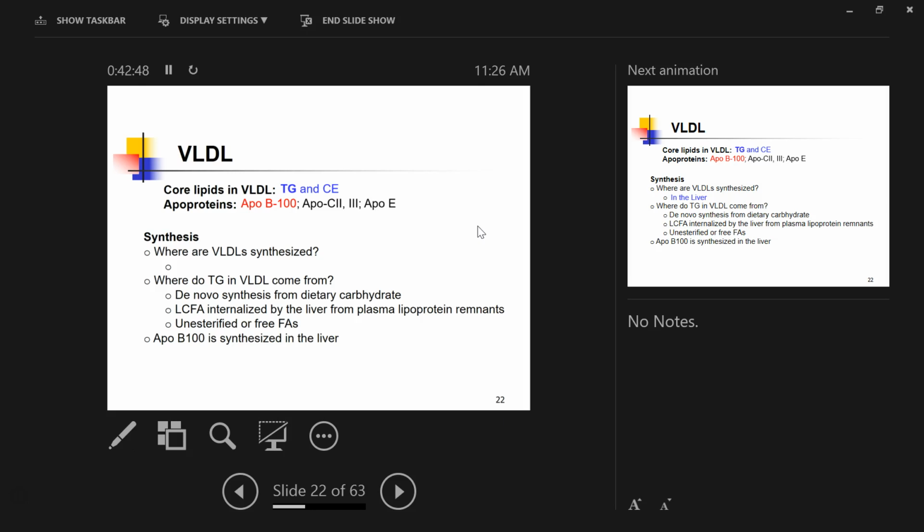Because VLDL also carries triglyceride, not from the small intestine but from the liver, right, to the adipose tissue. And also same process, right? You need a lipoprotein lipase to hydrolyze triglyceride in VLDL. So that's why VLDL also needs ApoC2.